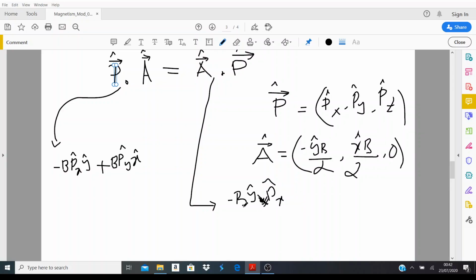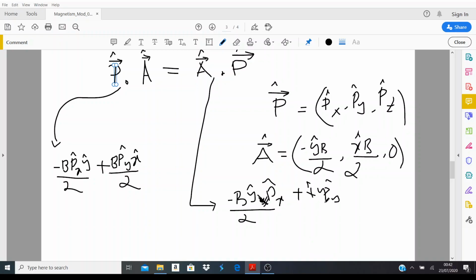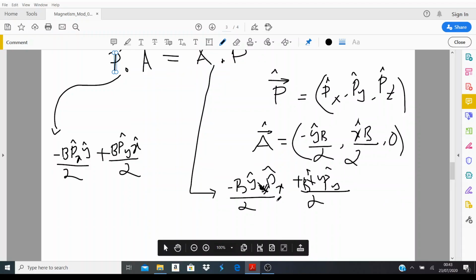We form the product of y and px, and then we have some factors of half here. Don't worry about this factor. The important point is that now we will have x times py, and we can put B anywhere. Let's put it here. So the question is whether these two quantities are equal to each other.